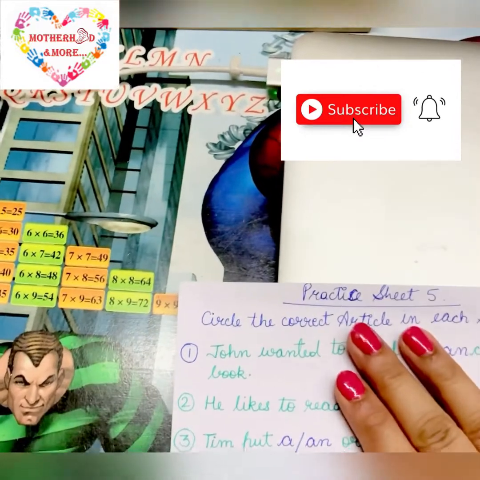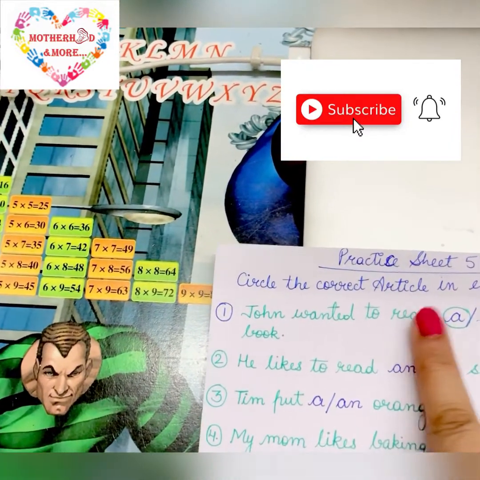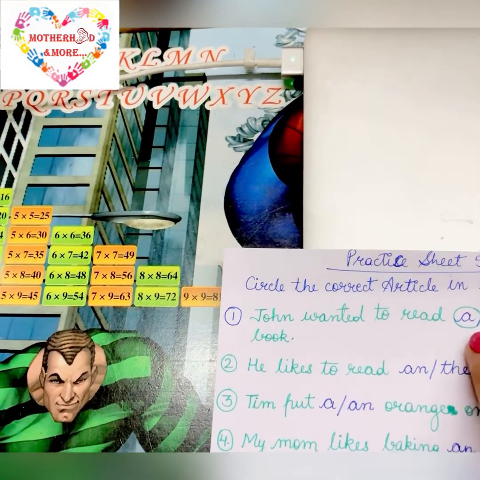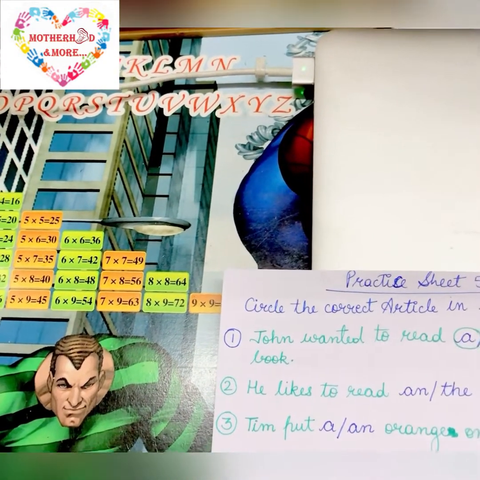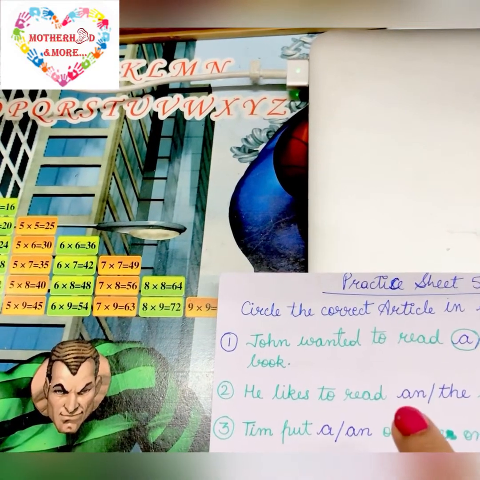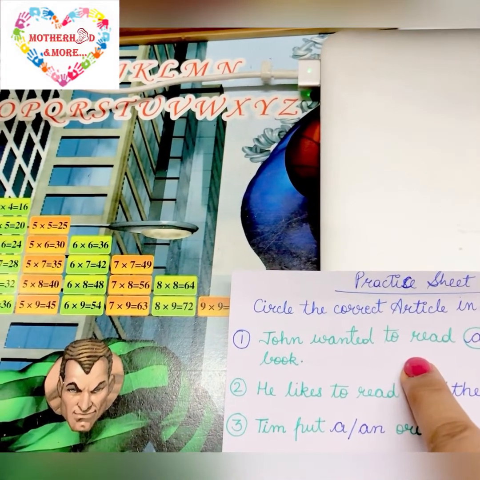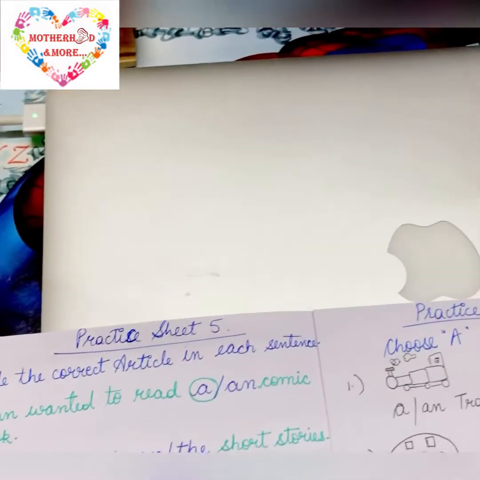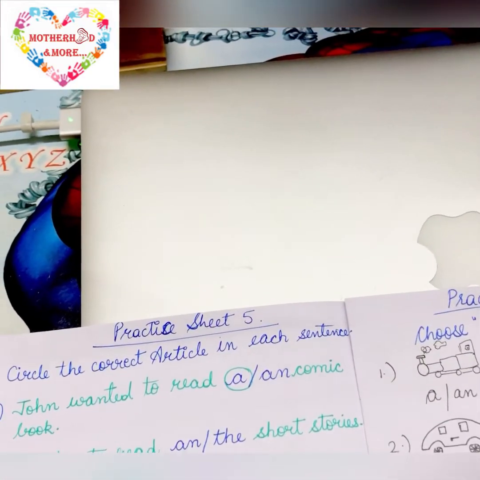Now practice sheet 5 is about circling the correct article in each sentence. Every sentence has two articles and he has to circle the correct one. For example, I have done the first sentence as an example for him. Practice sheet 6 says choose a or an.